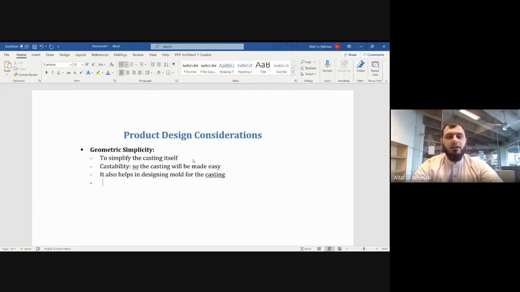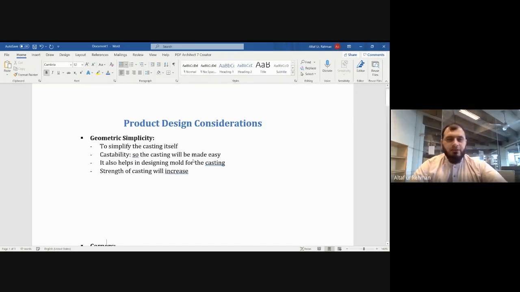And finally, it also has a benefit for the strength of the casting. Strength of the casting will increase. So with fewer surfaces, fewer edges, corners, etc., we will have a better product to cast.